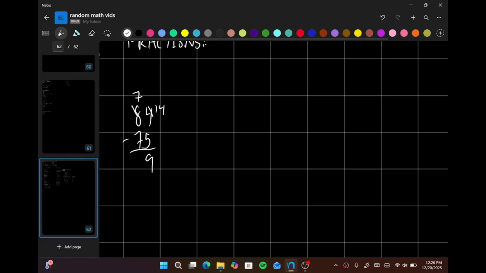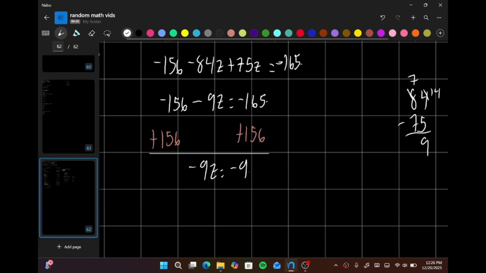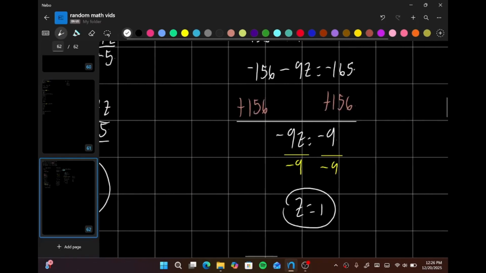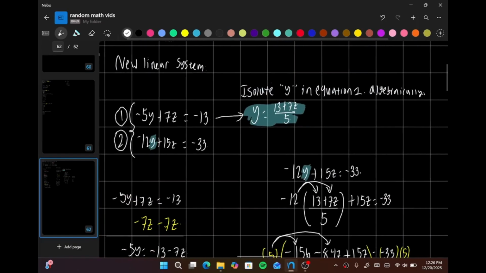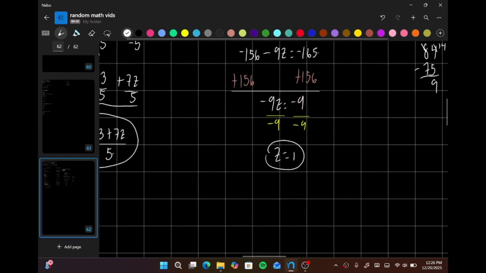It is going to be negative 9. So now we're going to go ahead and divide both sides by negative 9. Once you solve for one variable, guys, it all becomes easy from there. And so after this, what we're going to do, you can either use this, so we're going to do it this way.